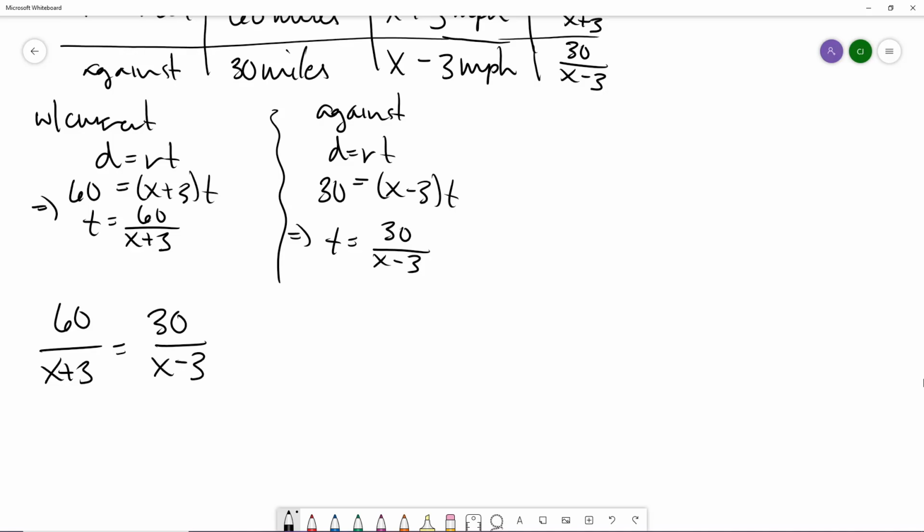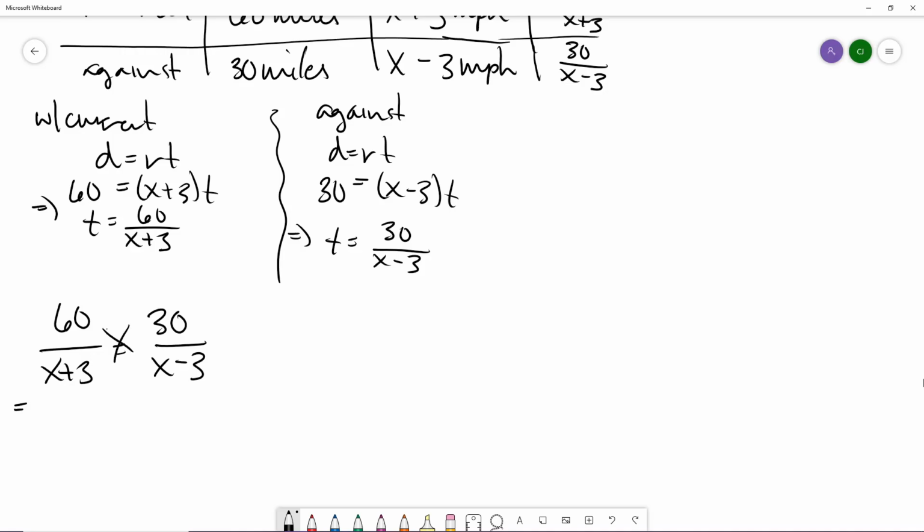Right? And so now we have a proportion problem. In this case, we're going to do the cross product because I have variables in both, so it can't really be easily solved otherwise. If you want to solve the rational equation, you're more than welcome to. I'm just going to do the cross product.